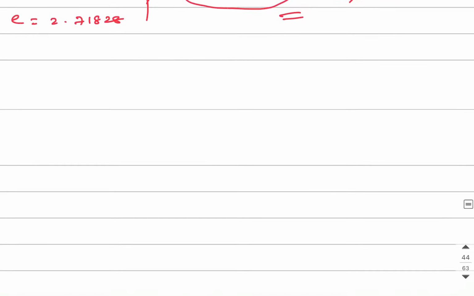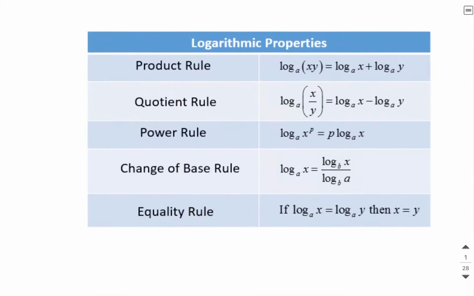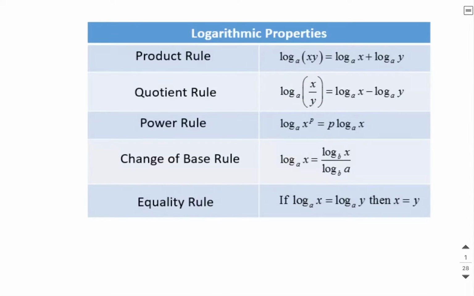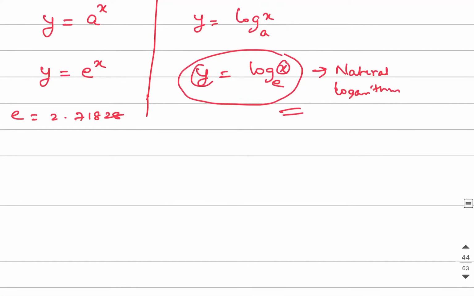Next, there are certain properties associated with the logarithmic function, which we will be using in our mathematics. One is called the product rule. If you have log of x into y base a, that is the log of a product of two terms base a, then don't get confused with this x and y.